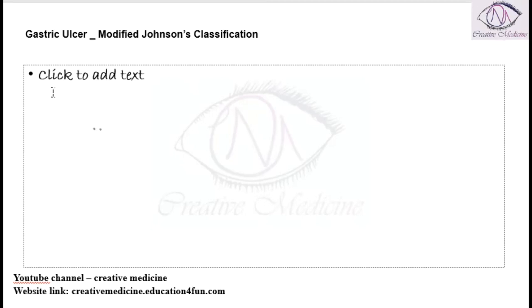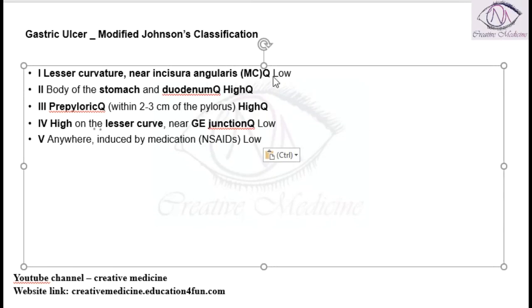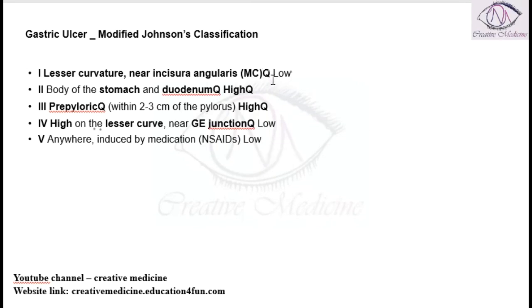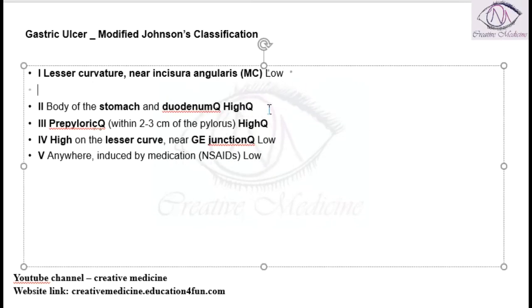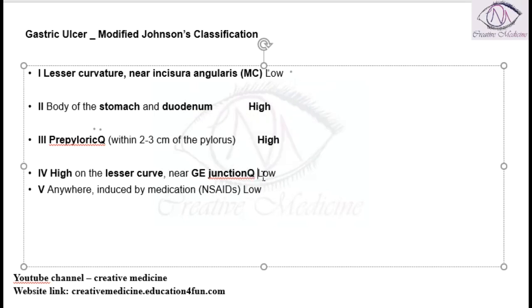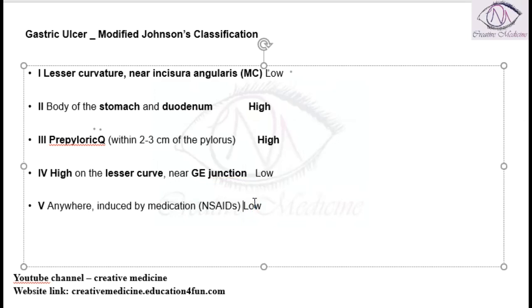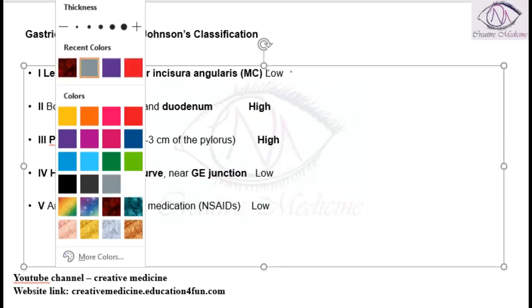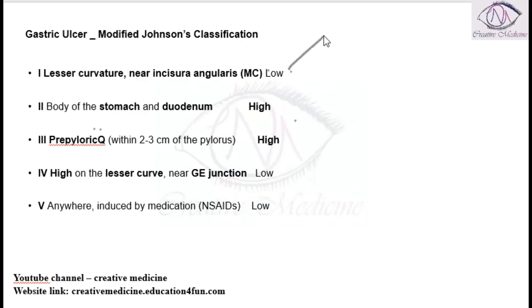We will draw the pictures of each of them. So these are the five types of the modified Johnson's classification.